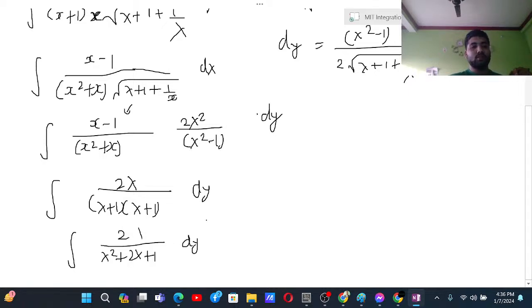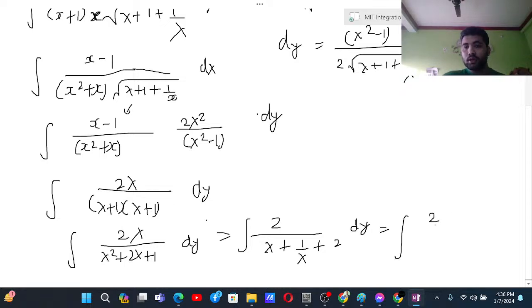Now this is actually 2 by x plus 1 by x plus 2 dy. And now if we look at it a bit closer, we will see that this is actually 1 by x plus 1 by x plus 1 plus 1 dy.